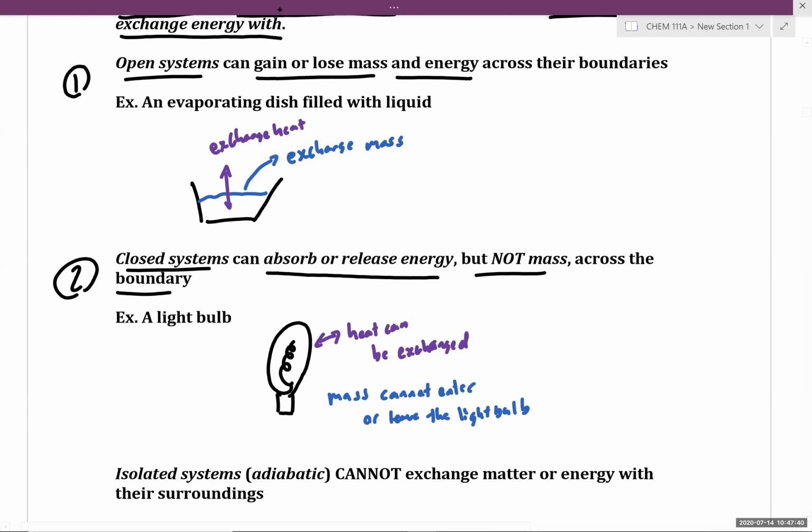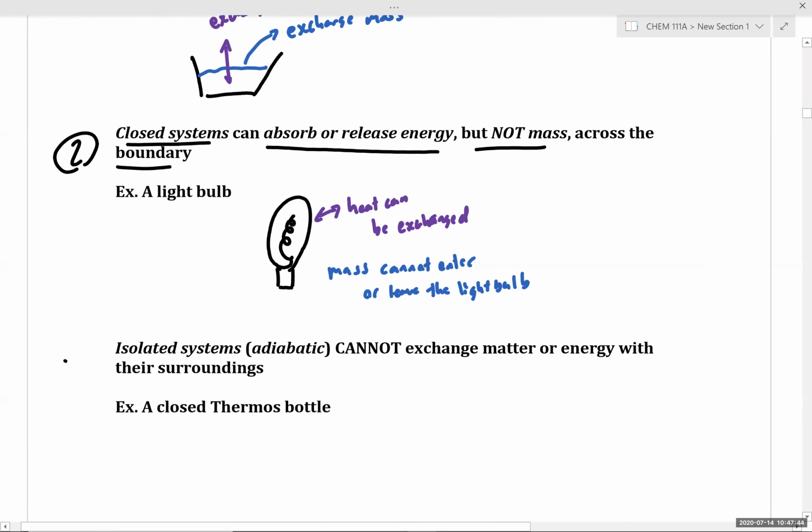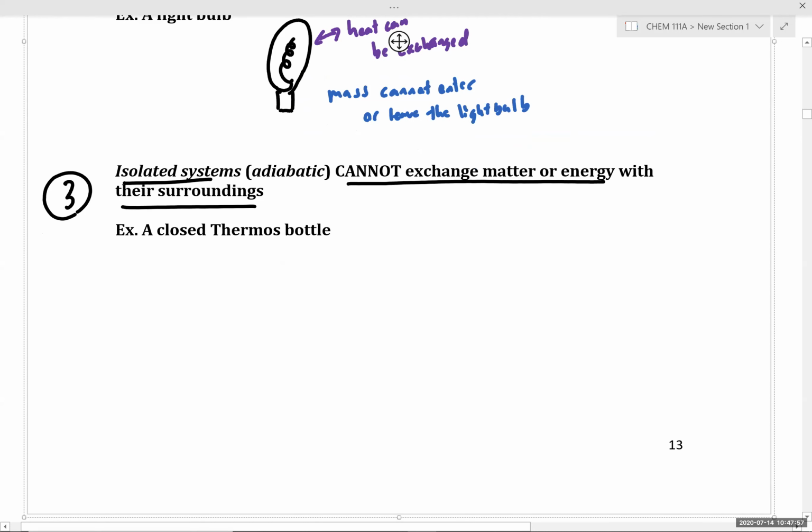So the final type of system is known as an isolated system. And isolated systems cannot exchange matter or energy with their surroundings. I mean, there's no such thing as a perfectly isolated system, but one analogy that I would think of for an isolated system would be a closed thermos bottle.